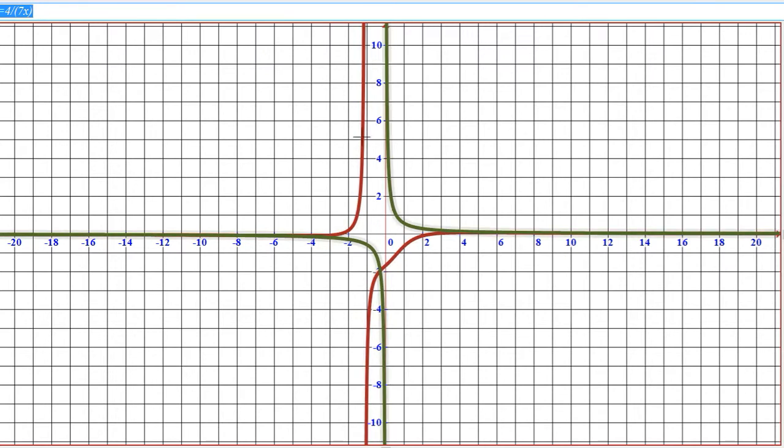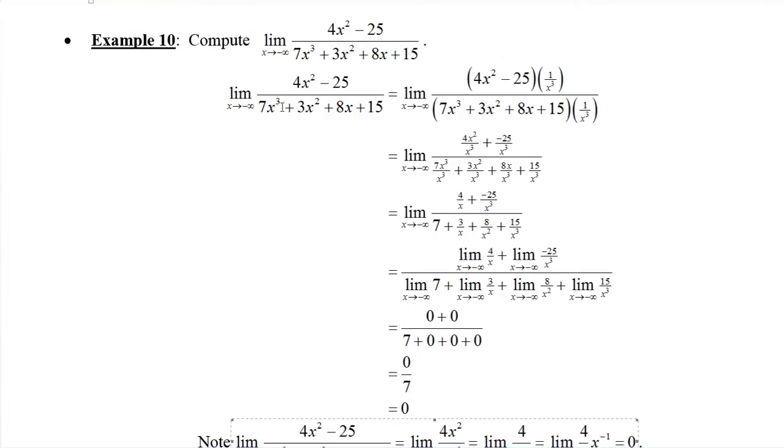Notice it does have a vertical asymptote there. If we were examining this a little more closely, where would that happen? There's one x value that makes the denominator 0. With degree 3, there's potentially 3 places, but it looks like from our graph there's only one.